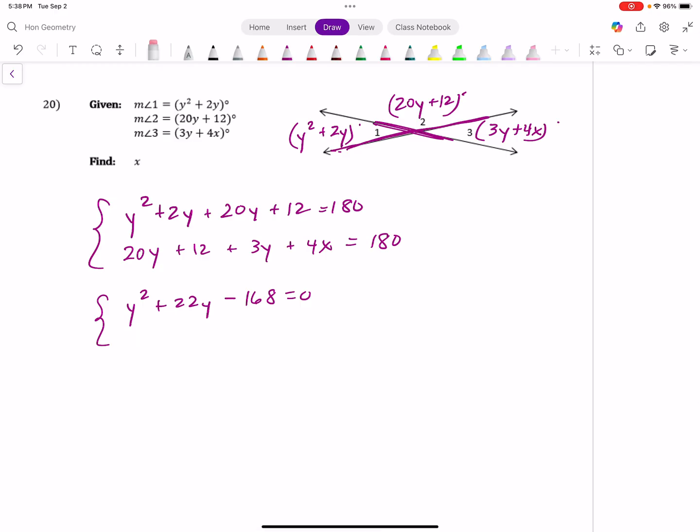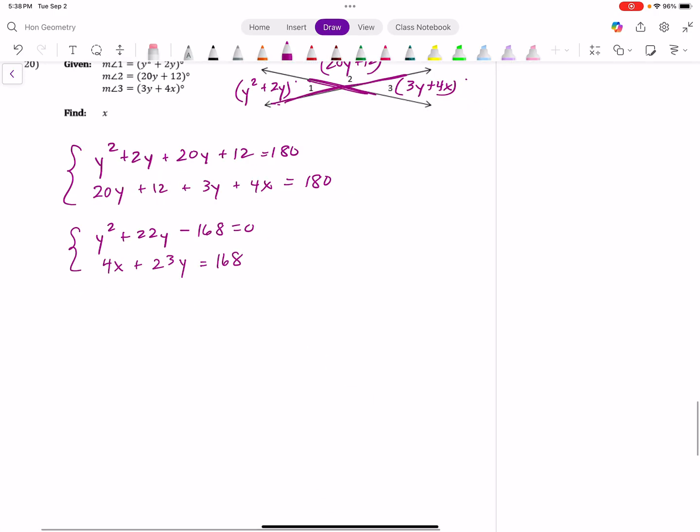And actually, I know it's silly, I know it's the same thing, but I just like the x before the y on that one. Subtract 12, equals 168 degrees. Okay, so we're definitely going to work with this one. You know what? I'm going to complete the square.